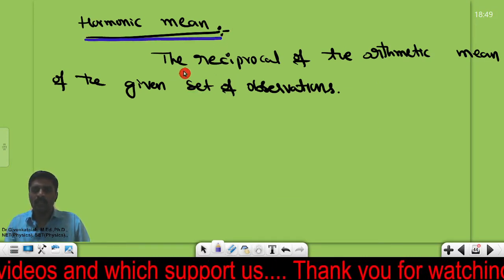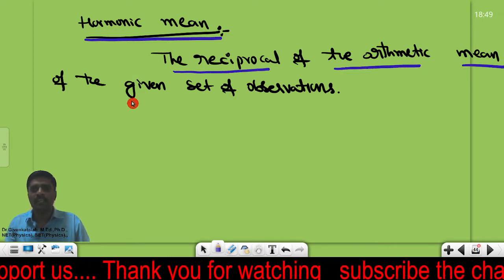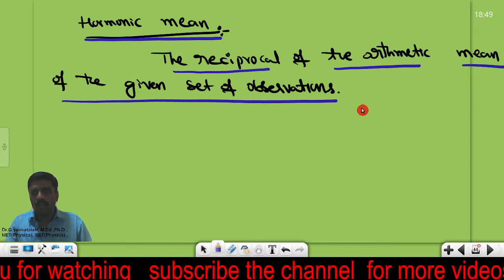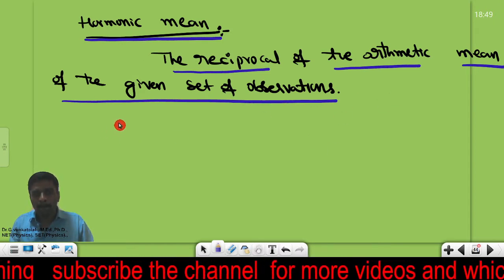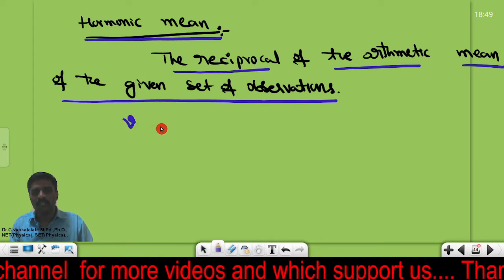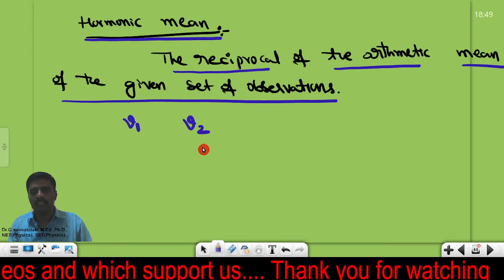The harmonic mean is the reciprocal of the arithmetic mean of a given set of observations. Now I am taking the first set with velocity V1 and the second set with velocity V2. How many sets are there?